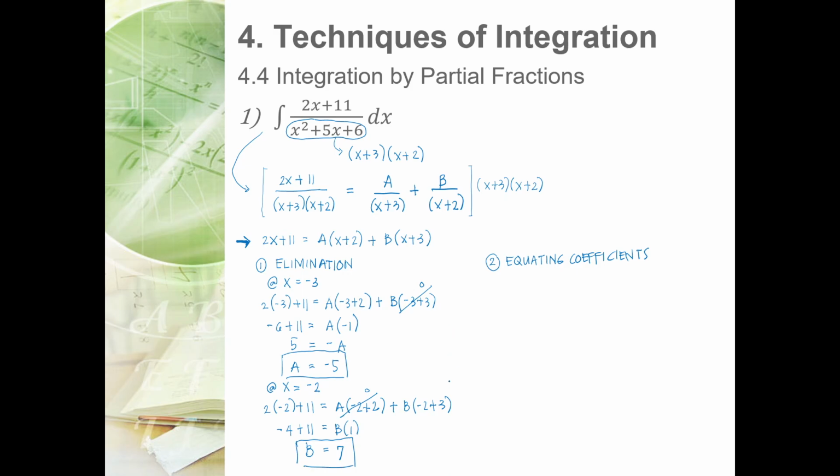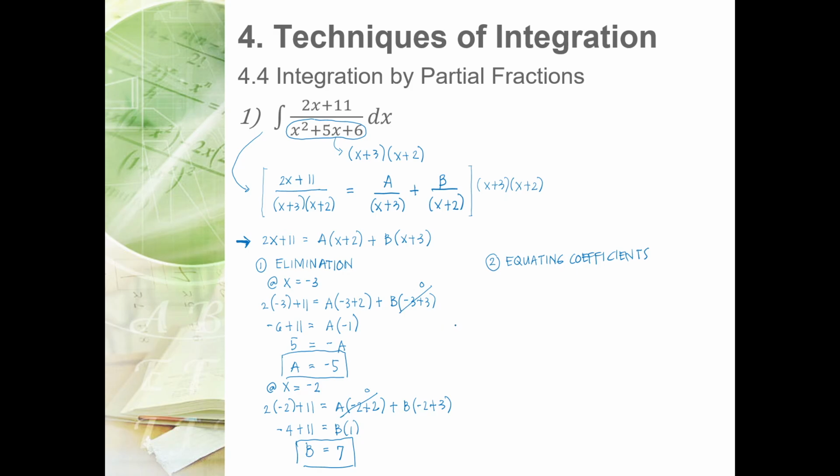So in contrast to the elimination method, we have the equating coefficients. I think the hassle of equating coefficients would be to expand the equation. So that's why it's more complex, but it's really an effective method of getting the unknown variables.